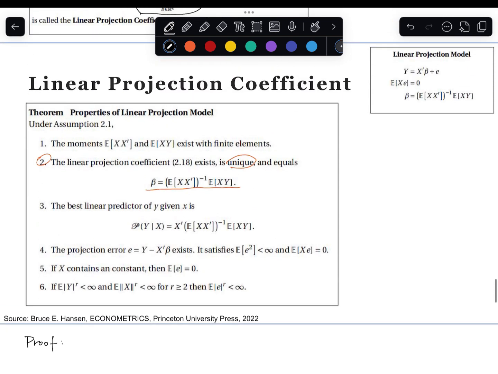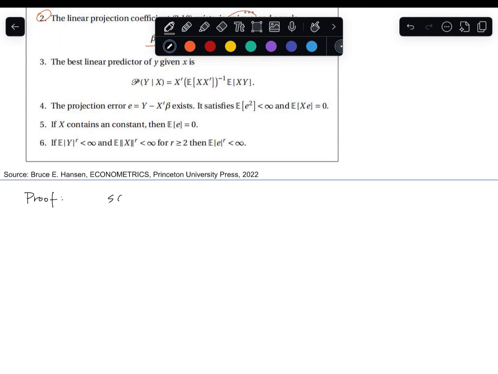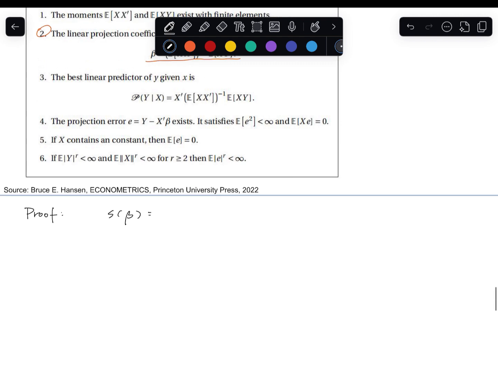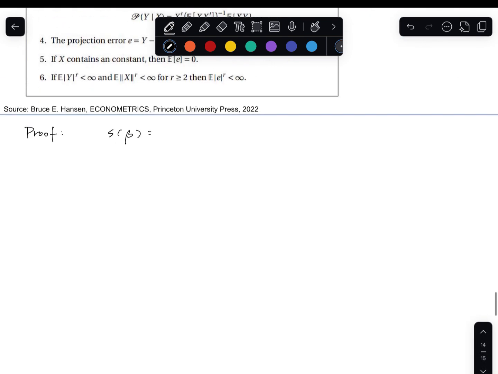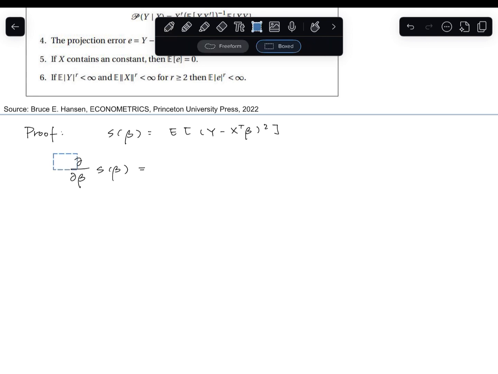Let's first write down the S(beta) here, which is this one. And then we take the partial derivative of it with respect to beta, which is just the first order condition.